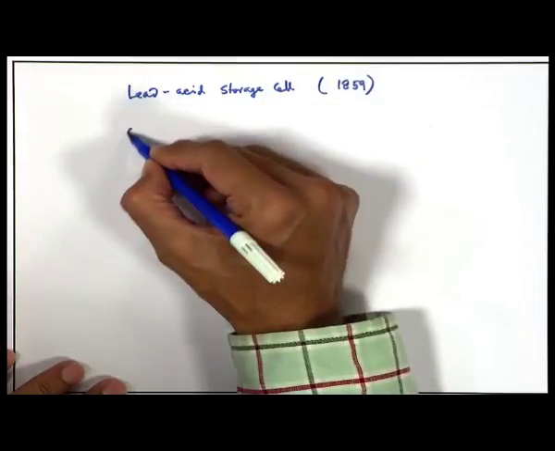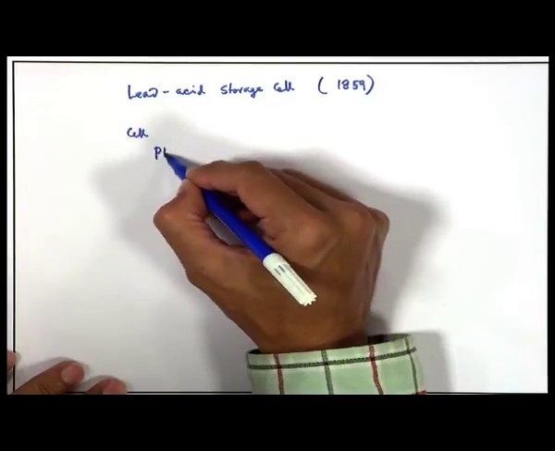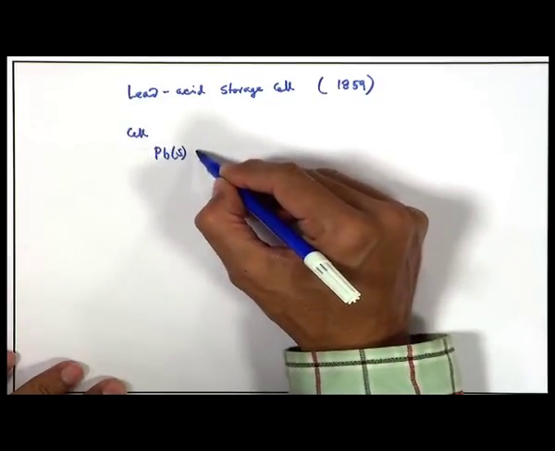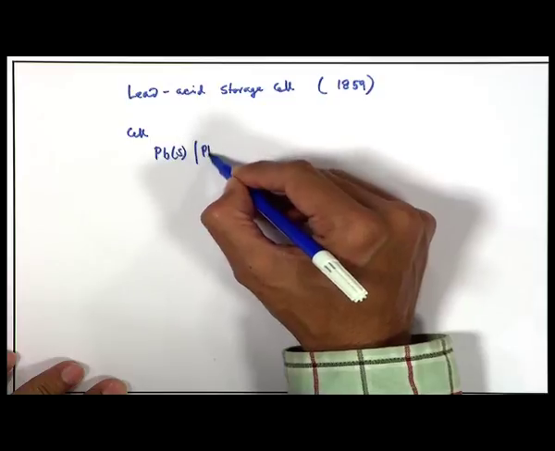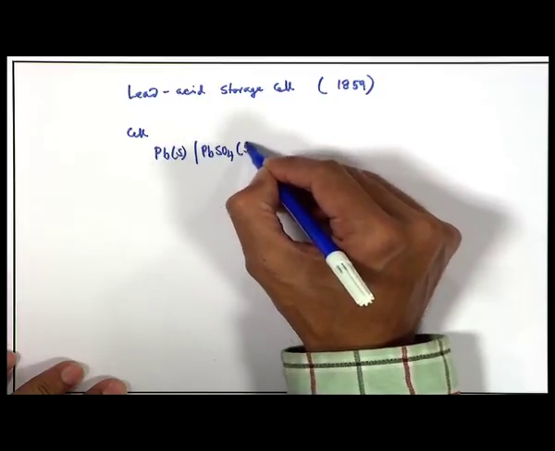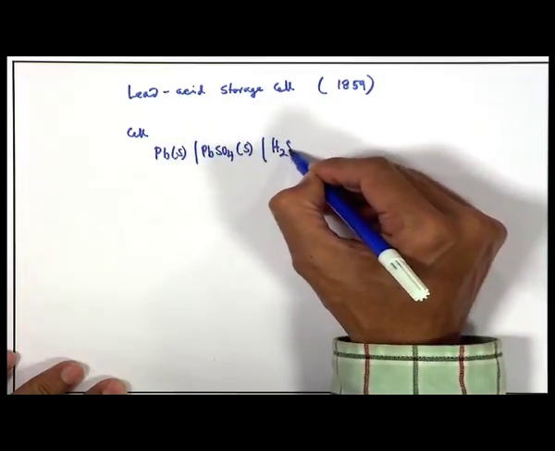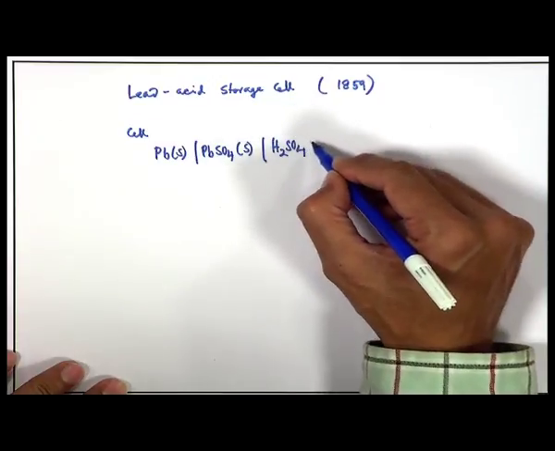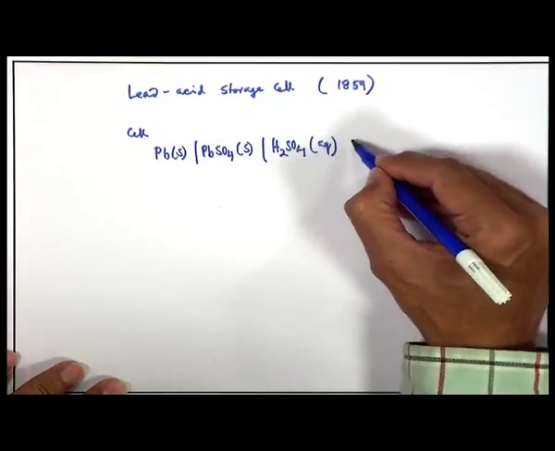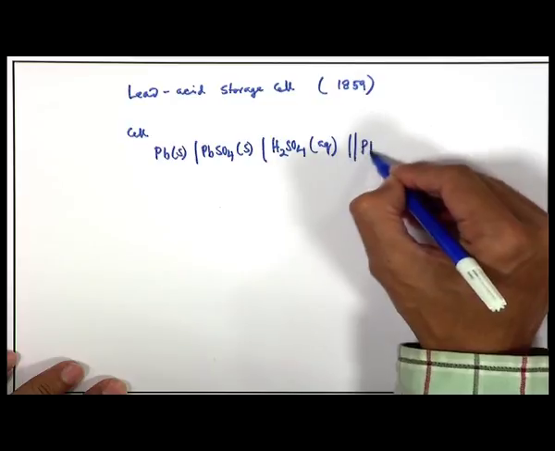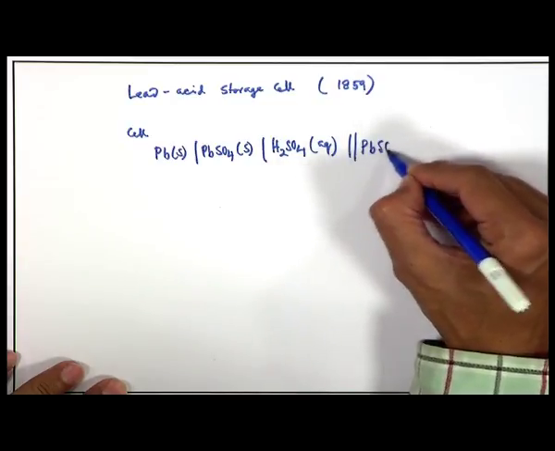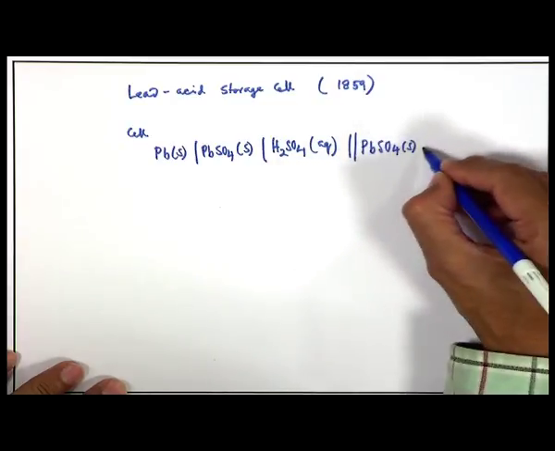The cell is like this: Pb solid, PbSO4, then H2SO4 aqueous, which is why it is lead acid, then PbSO4, then PbO2.